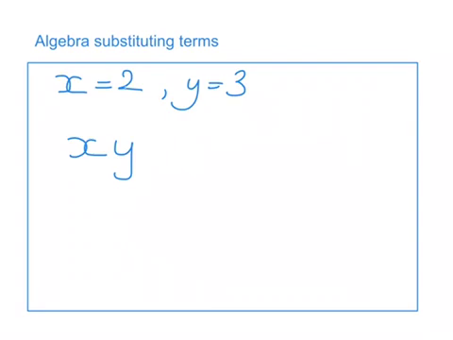So x is 2 and y is 3, but I've got to multiply these two together because xy does mean x multiplied by y. That becomes 2 multiplied by 3, which gives me the answer of 6.